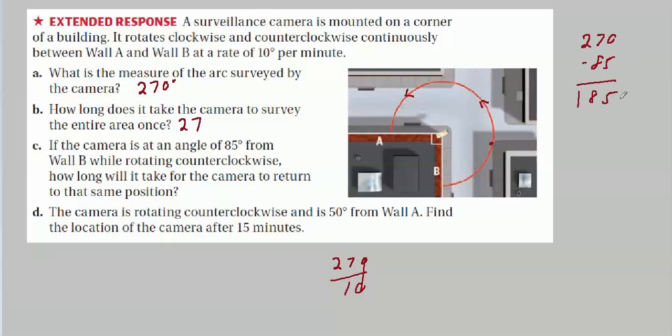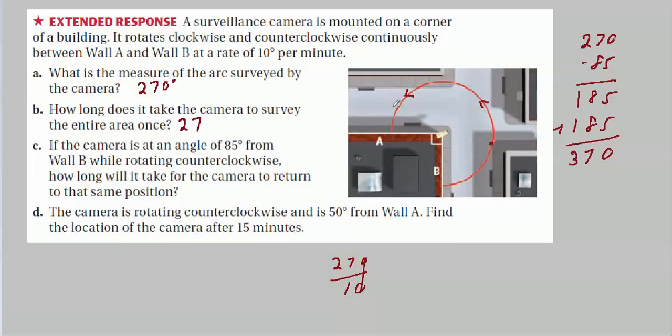I think that works. Now, if it's going to go there and back, it's going to actually have to subtend 2 times 185, or I could just add 185 to it, couldn't I? Go 85 degrees that way.